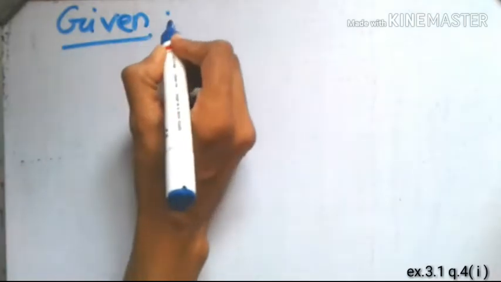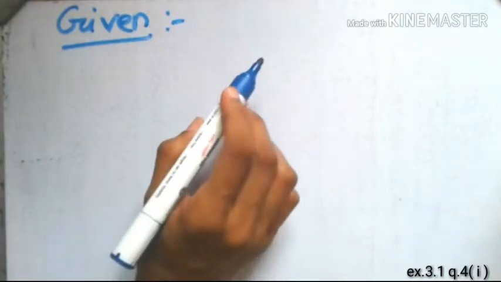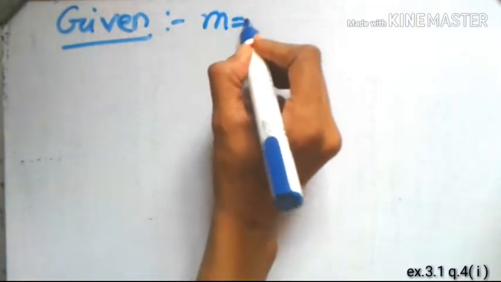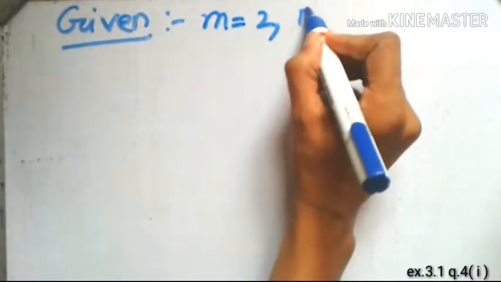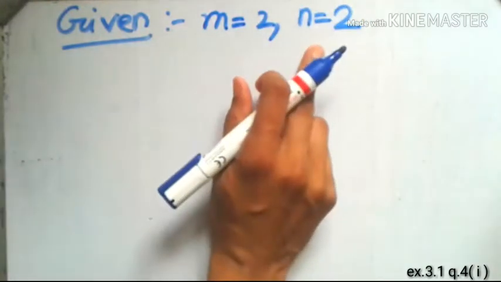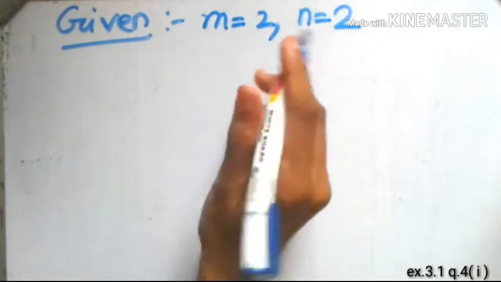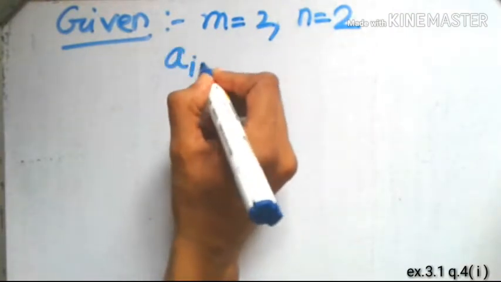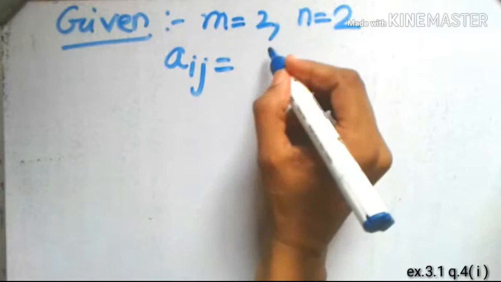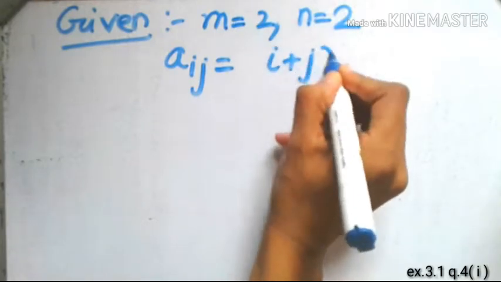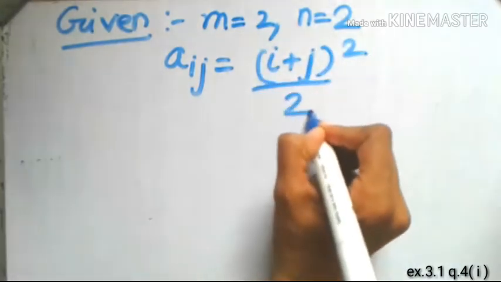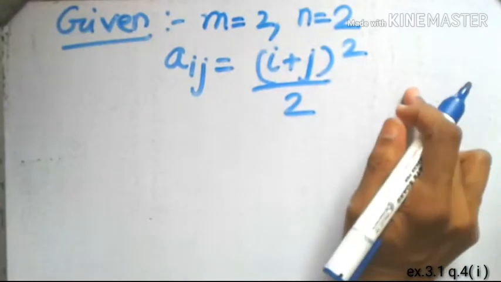We are given that it's a 2 by 2 order matrix. That is, the number of rows is 2 and the number of columns is 2. This is one data which is given. The other data is how to construct each matrix element. We know the formula as (i plus j) the whole square divided by 2.